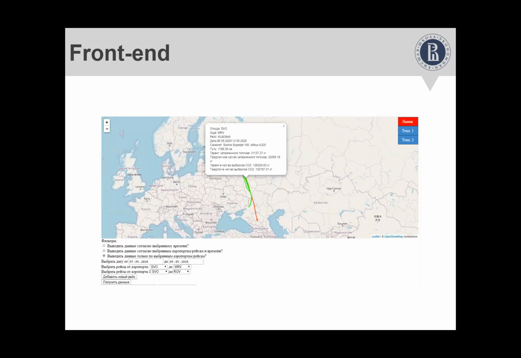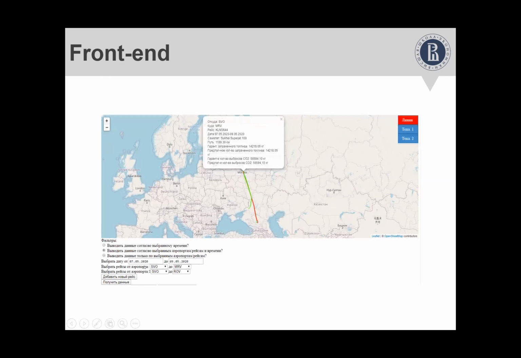At least we have one more filter. We can choose flights from one airport to the other one, and we can add a new flight here, but not more than 10 flights. And again, we can work with data and select which gap of time is interesting for us.